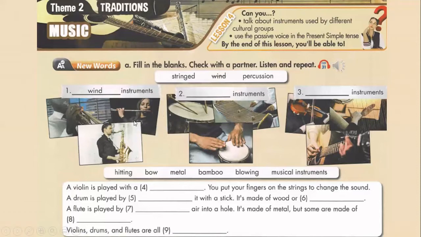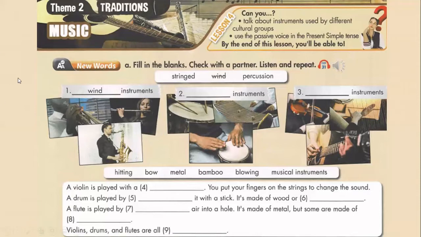We have saxophone, okay? So for these instruments to produce a sound, you have to blow air into them. These are what we call wind instruments, okay?